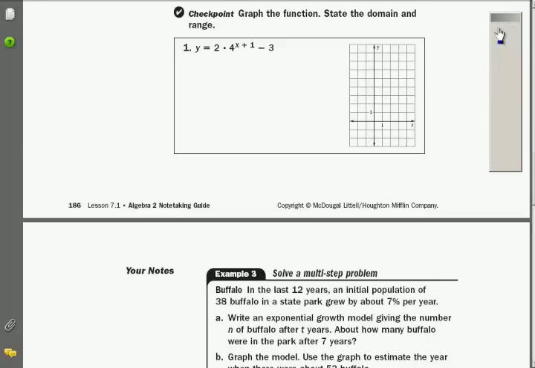Okay, so hopefully when you did checkpoint number 1 here, you graphed it using all the same tools that we just talked about.